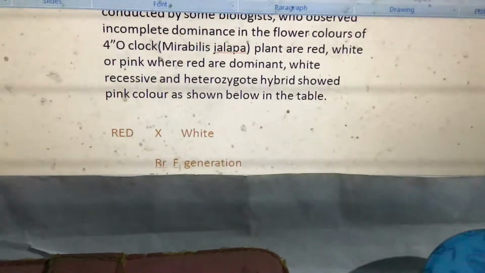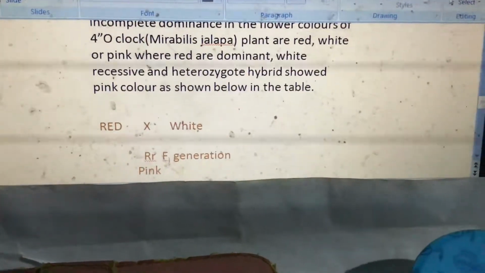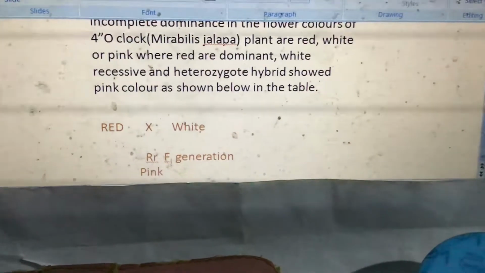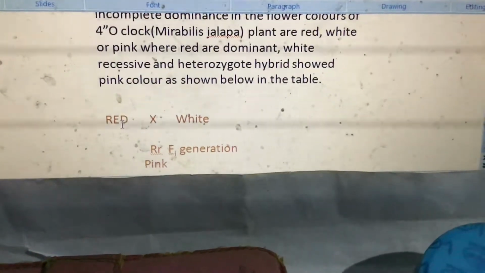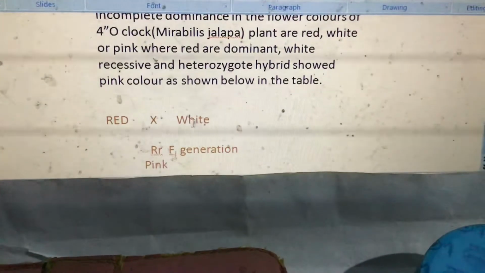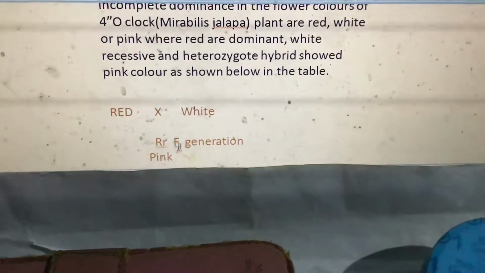Red crossed with white gives, in the F1 generation, a pink plant. You see here one is red, capital R, and the other is white, small r, and in the F1 generation they produce a pink plant.